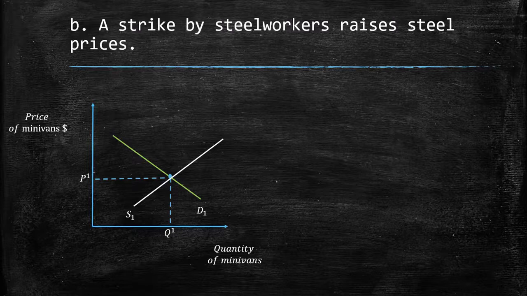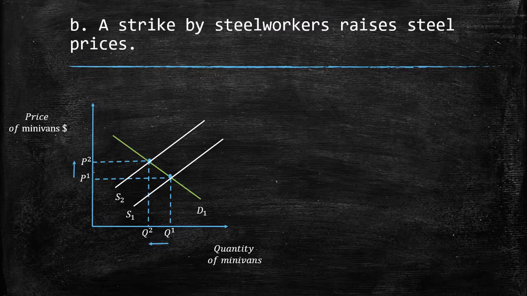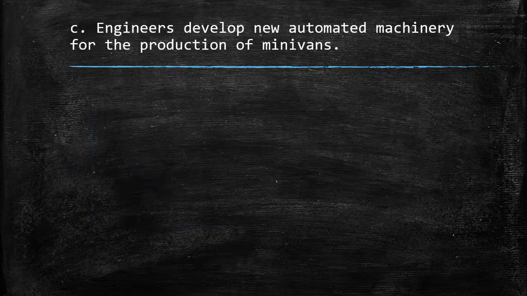So the supply curve is going to shift to the left. Okay, so here the effects are the quantities are going to decrease and the prices are going to increase.